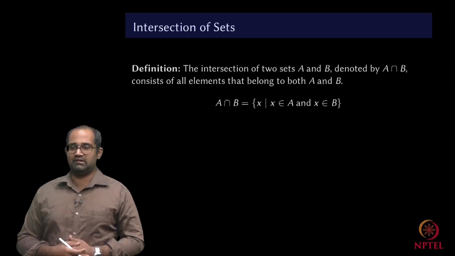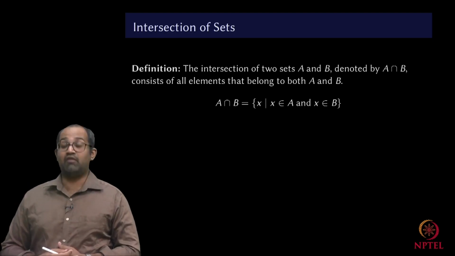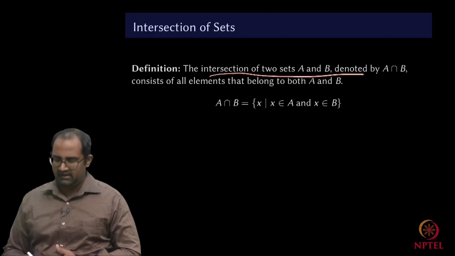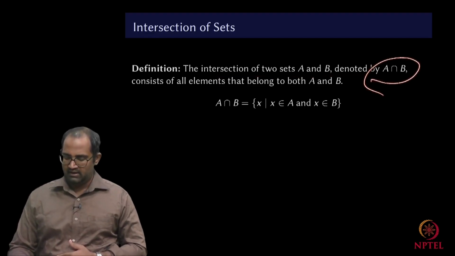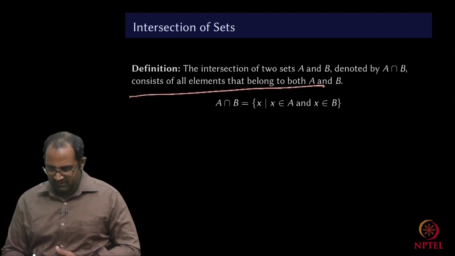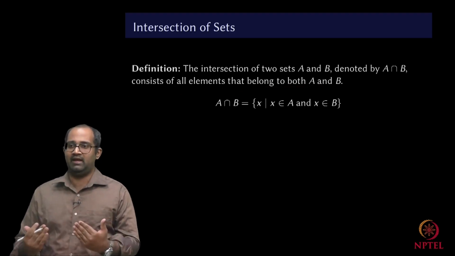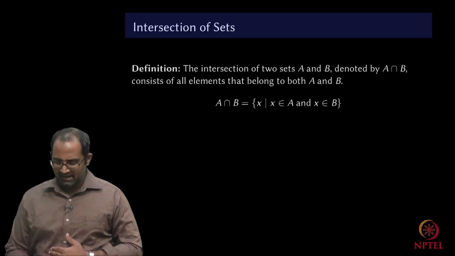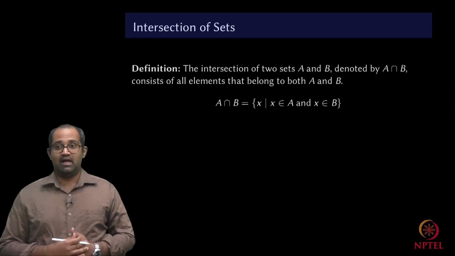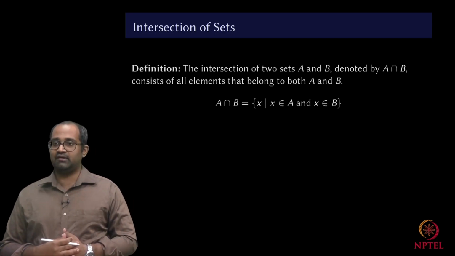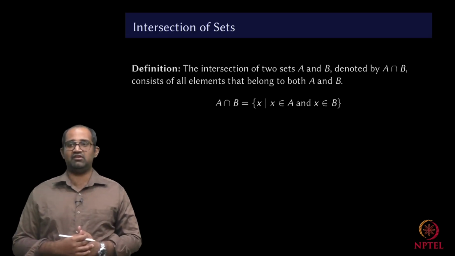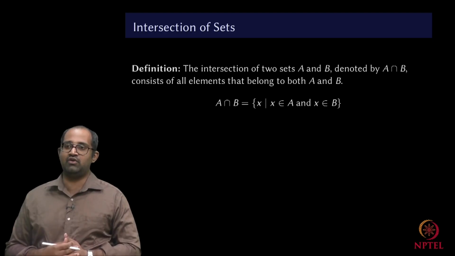Now, we come to the next operation or way of combining sets, that is intersection. The intersection of two sets A and B, denoted A written upside down U B, consists of all elements that belong to both A and B. That is, it is X such that X is in A and X is in B. Again, you might wonder, well, there is a trouble here, where is X supposed to come from, but fixing it for the intersection is not that difficult, you can do it yourself.